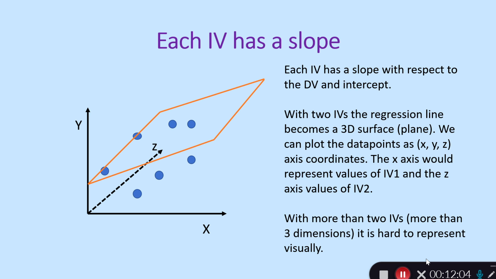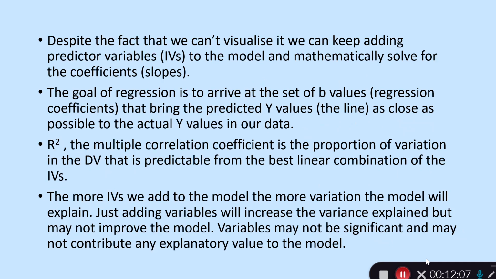Okay, so apologies, this slide has lots of text on it. I couldn't think of a way to convey this information in a more interesting way, but I'll just read what it says. It says, despite the fact that we can't visualize it, we can keep adding predictor IVs to the model and mathematically solve for the coefficients or slopes.